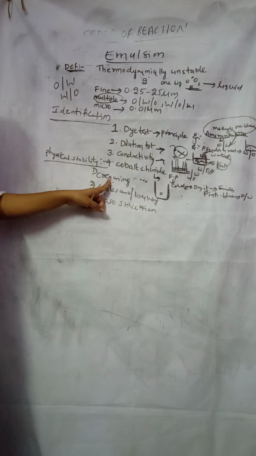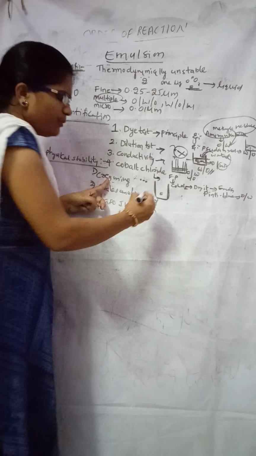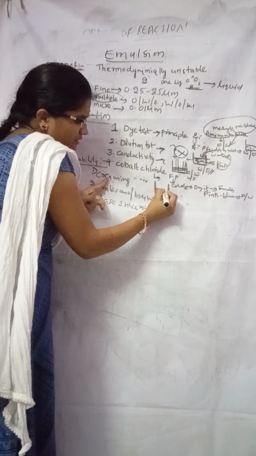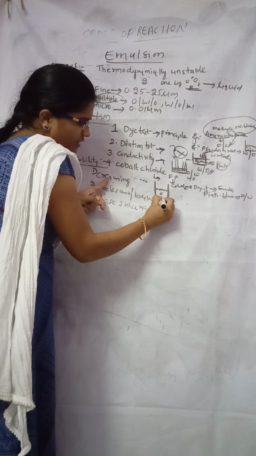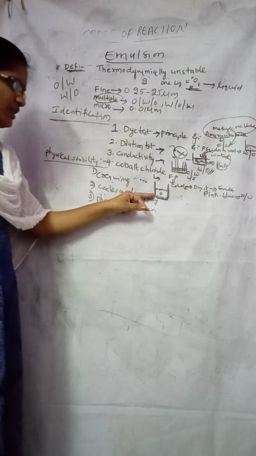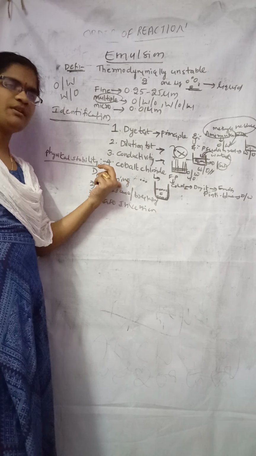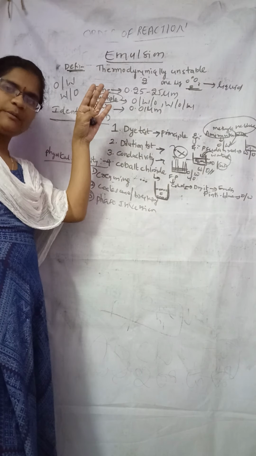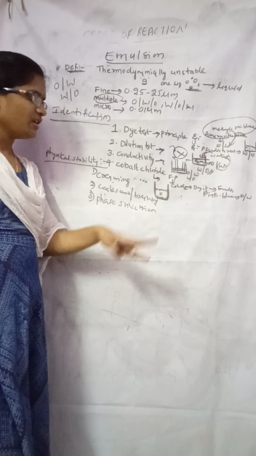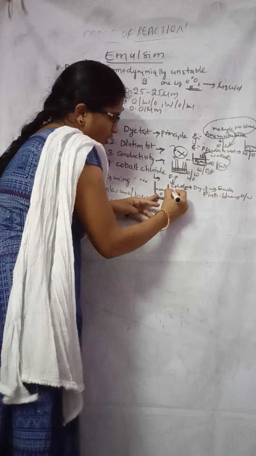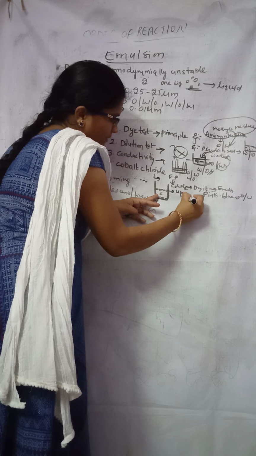In creaming, the globules or the dispersed particles form a layer at the surface or at the bottom. Based on the accumulation of these particles, creaming can be 2 types, upward creaming and downward creaming. If the particles are accumulating at the surface, it is called upward creaming.